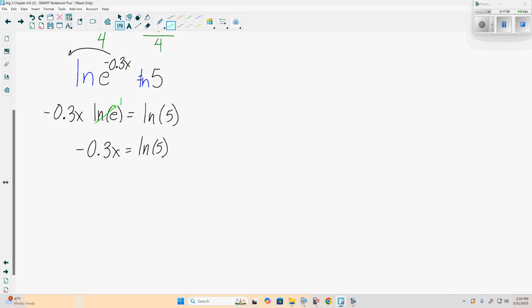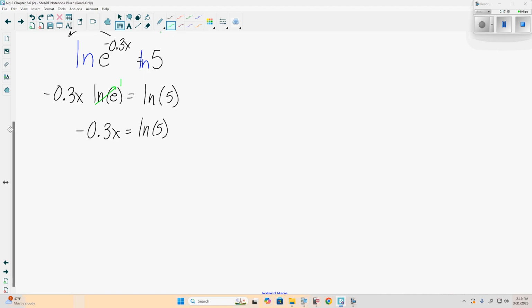So this is essentially the same thing as what we were doing. We just had to get e by itself. We could have done it with other numbers. It looks a little funny, but it is possible. Last thing we have to do is divide by negative 0.3, telling us x is equal to the natural log of 5 divided by negative 0.3.